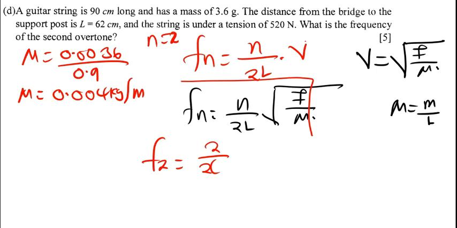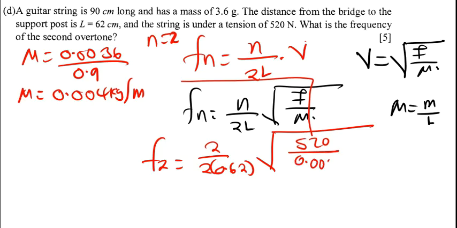So I'll say 62 divided by 100, which is 0.62. Then the tension force is 512. The linear density is 0.004.